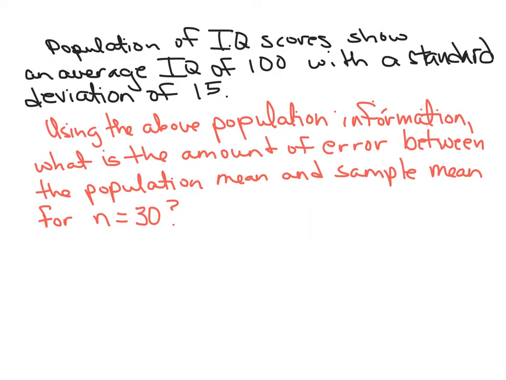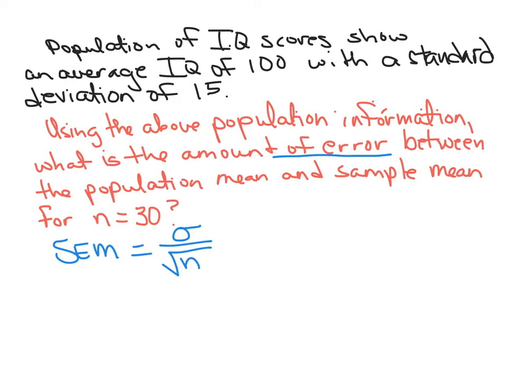Same population information. Now it's asking us to use that population information and find the amount of error between the population mean and sample mean for a sample size of 30. When we say the amount of error, again, error is SEM, which equals the population standard deviation divided by the square root of sample size.